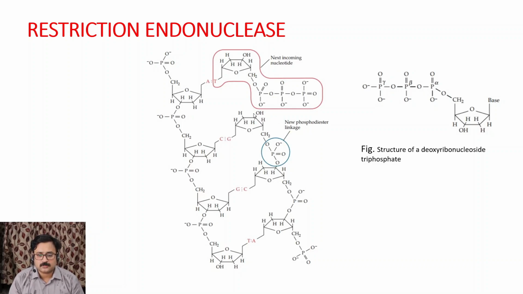The phosphodiester bond is formed between the 3' hydroxyl group of one nucleotide and the 5' phosphate group of another nucleotide. Between this OH group and phosphate group, the phosphodiester bond is formed, and this gives rigidity to the DNA molecule. Restriction endonuclease cleaves this particular phosphodiester bond.